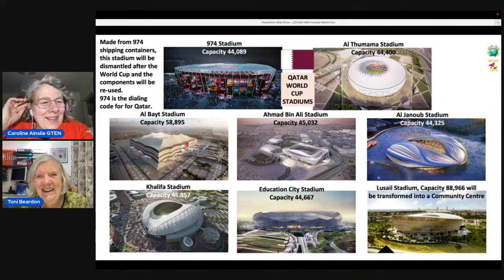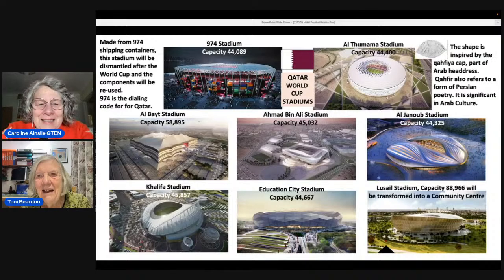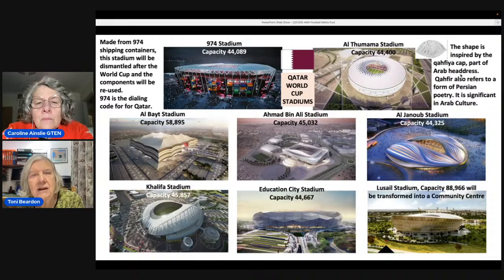Okay, let's do it. And this is also interesting. This Al Thumama Stadium, the shape is inspired by this cap, which is called a kafia, which is part of the Arab headdress.